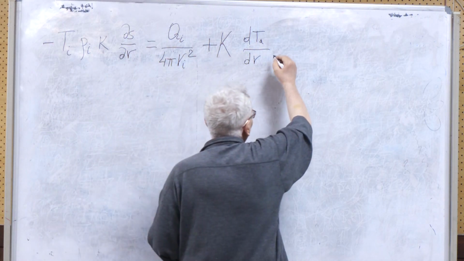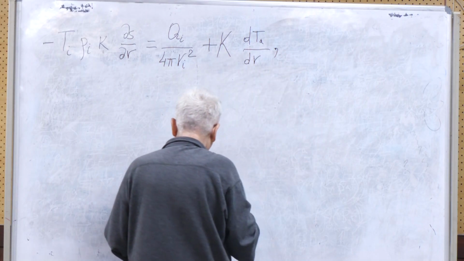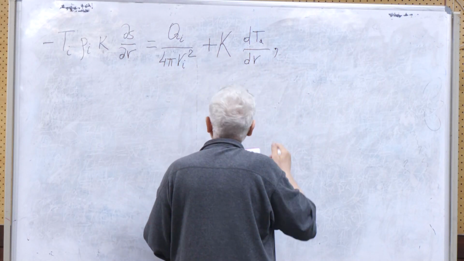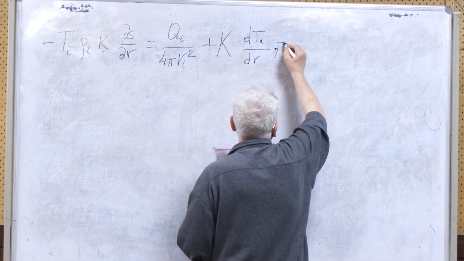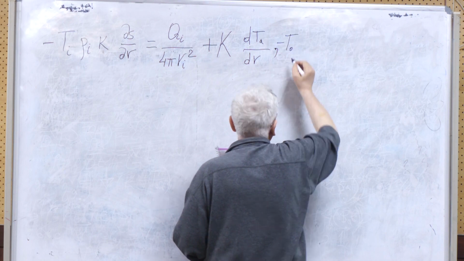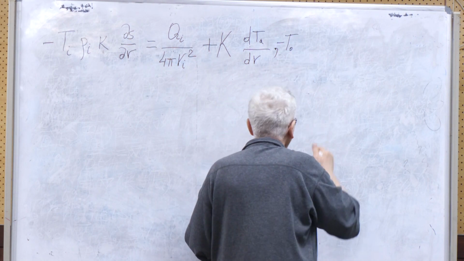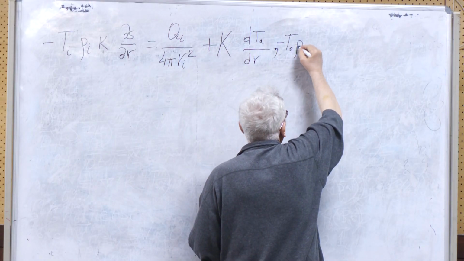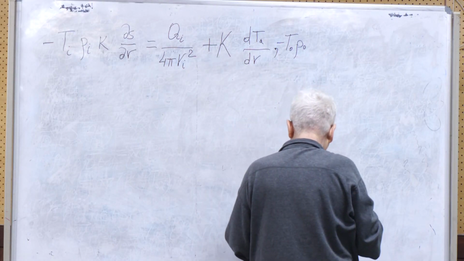And similar stuff, of course, could be written for the outer boundary. Here we have, again, minus T, but now O, rho O, it's quite symmetrical stuff.